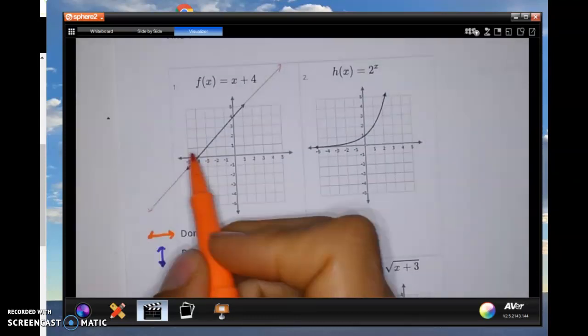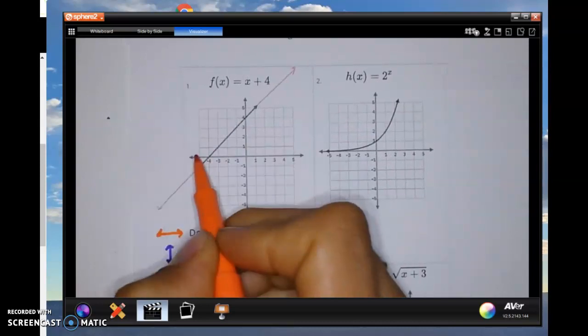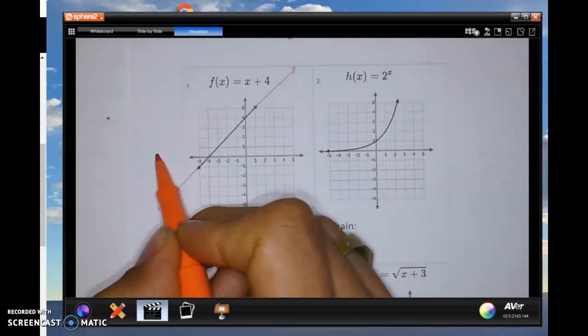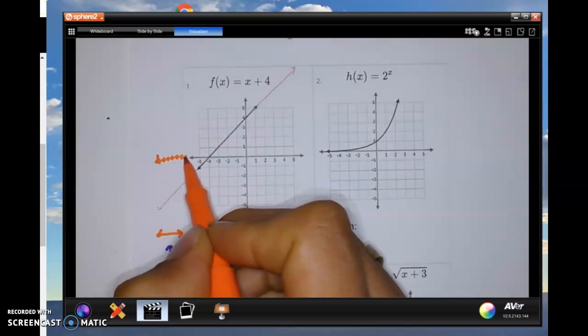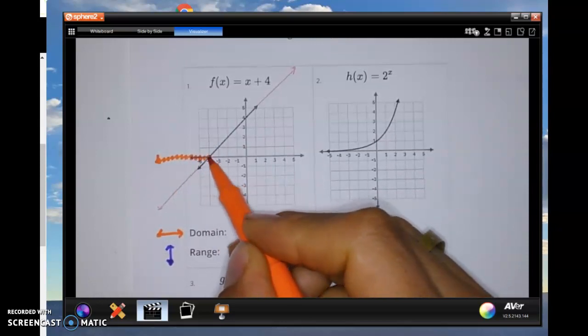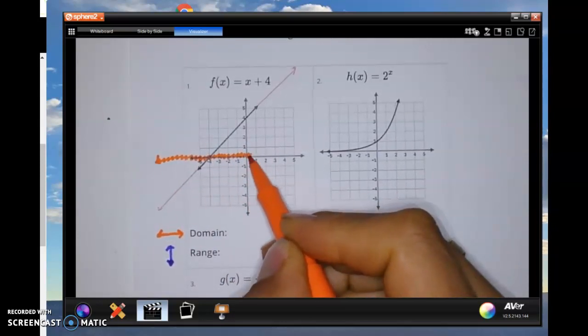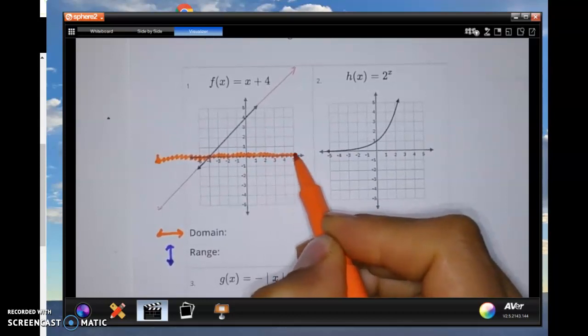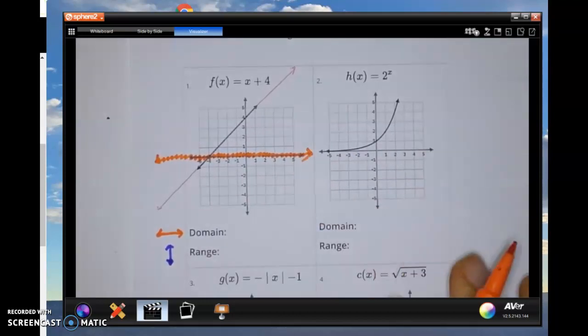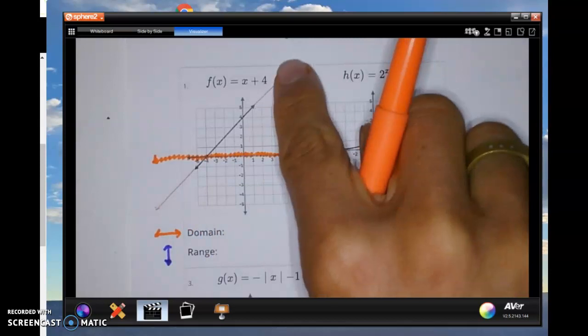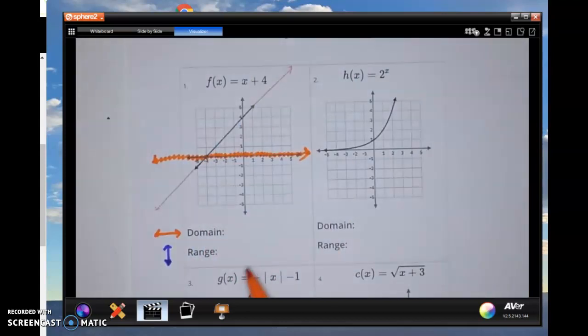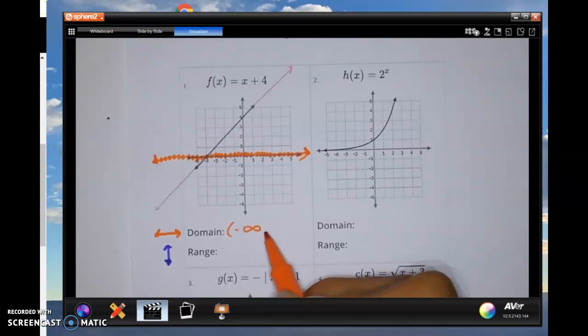So when I'm looking to the left, it looks like my graph keeps going to the left. And in fact, it will continue going all the way to the right. For most lines, our domain will always be negative infinity to infinity.